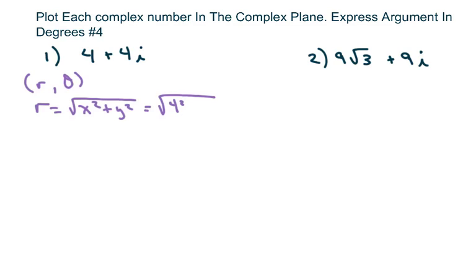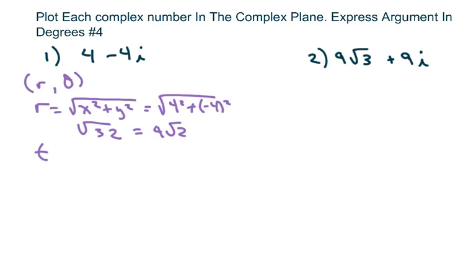This was supposed to be negative here. I wrote it down wrong. So plus a negative 4 squared. Doesn't really matter here, but this is going to be square root of 32, which equals 4 square root of 2. So that's your r.